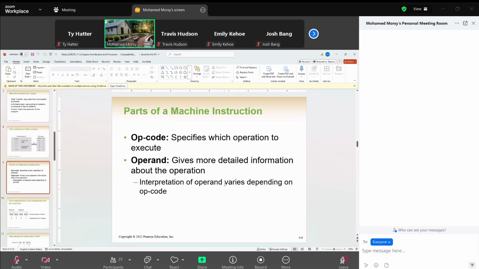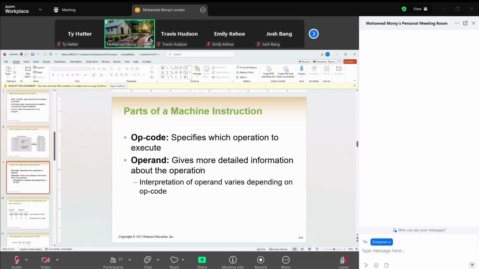The parts of the machine instruction: any machine instruction has two parts, opcode and operand. From the opcode, we can determine which operation we need to execute, what kind of operation we need to do.